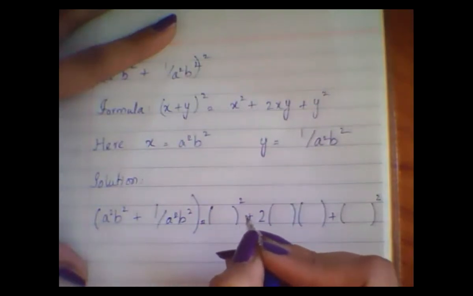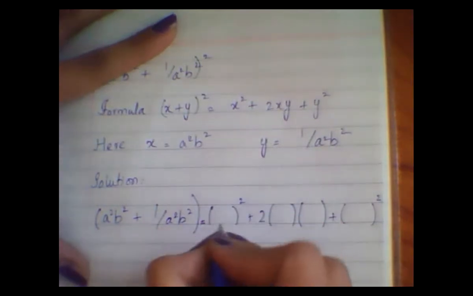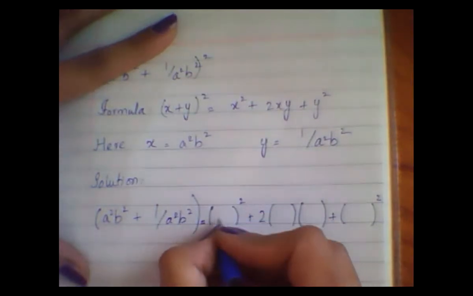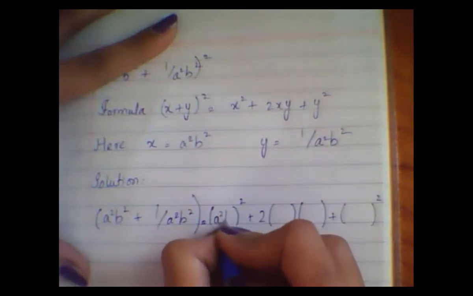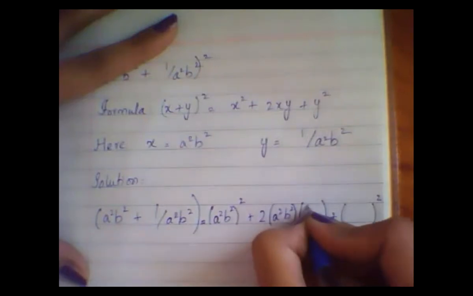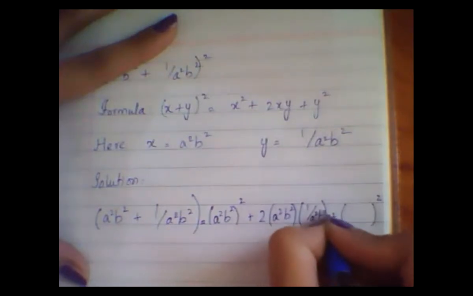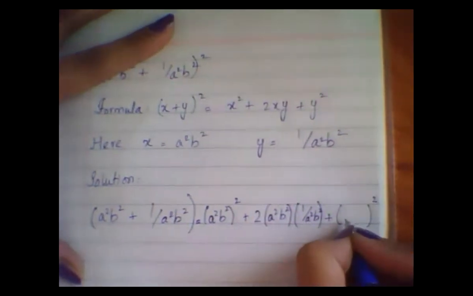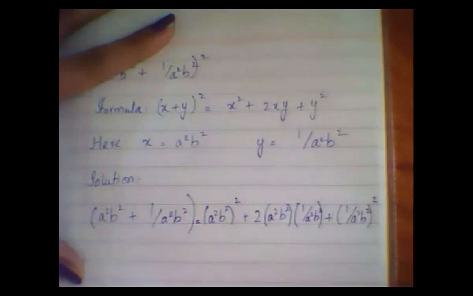Ahmed, you can solve this question in the rough copy and share your answer with me. Don't attempt this question in your classwork copy. Now, what is the second term? 1 over a square b square.